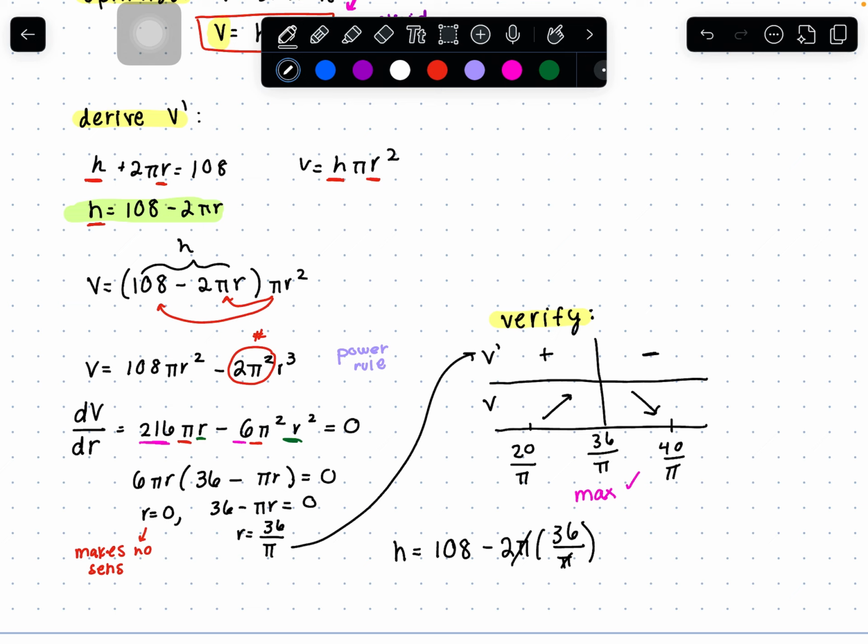This pi cancels here. You get h is 108 minus 72, which I believe is 36 if I've done my math correctly. So our answer is r equals 36 over pi. Sorry, h equals 36.